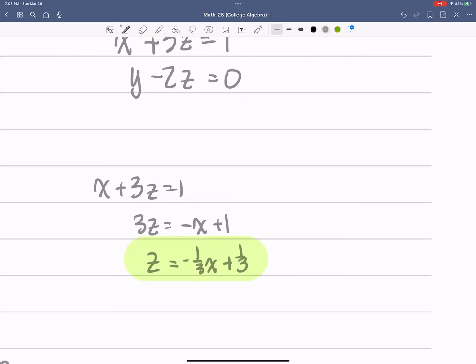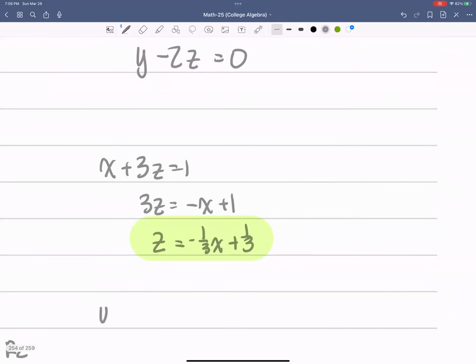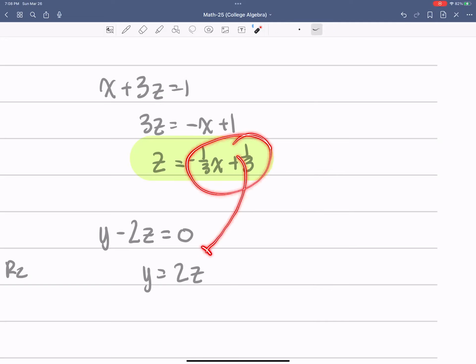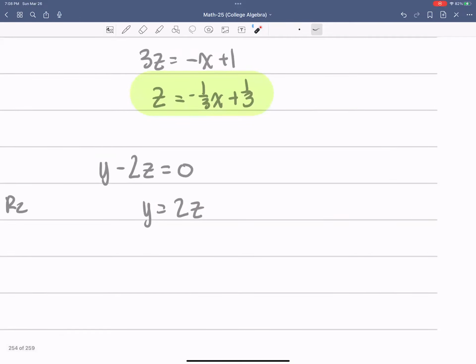Let's figure out what y is. So we have y minus 2z is equal to 0. Here we have y is equal to 2z. That's not in terms of x. So what we're going to do is plug in z in here to get that solution, because z is in terms of x.